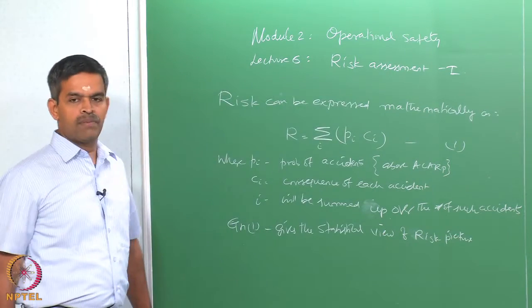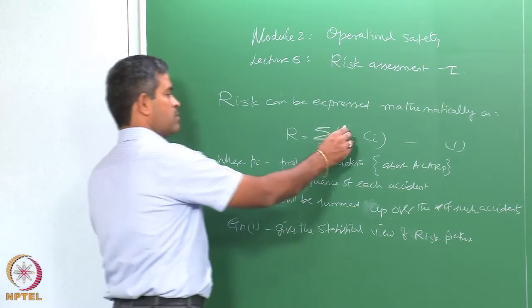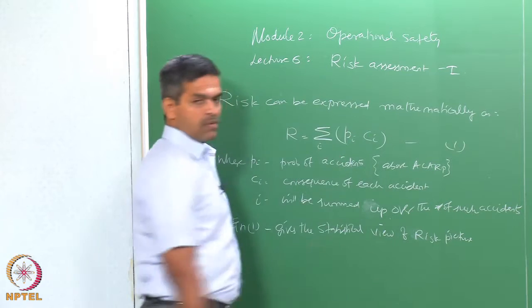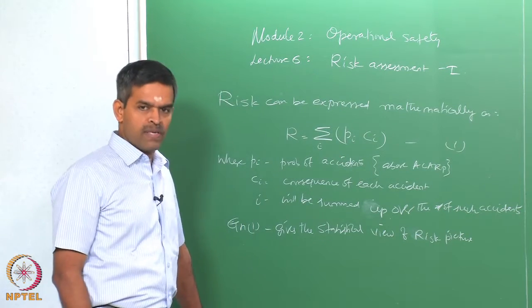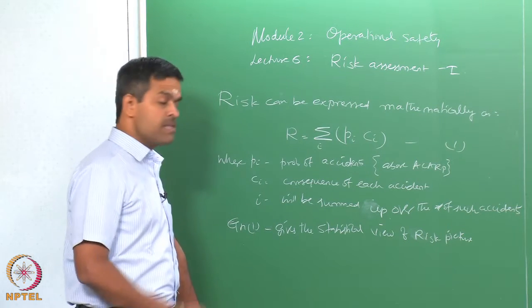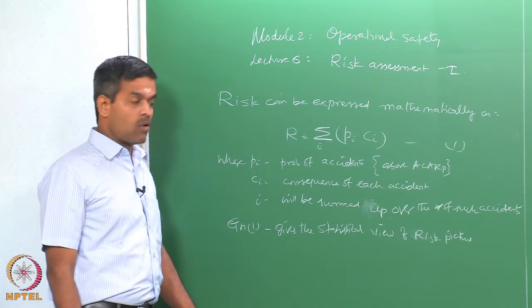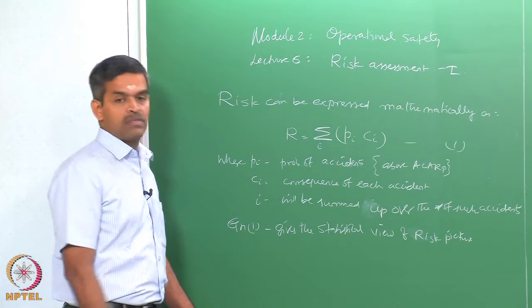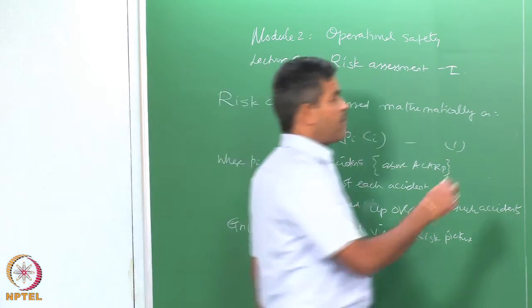Mathematically this is fine, because this is giving me the probability of occurrence, it is also giving me the consequence. The product of this is what we say risk, perfectly fine mathematically. But what is missing in this whole equation, which as an offshore engineer we feel is important, is the value in practice.